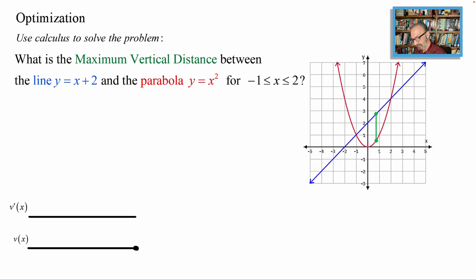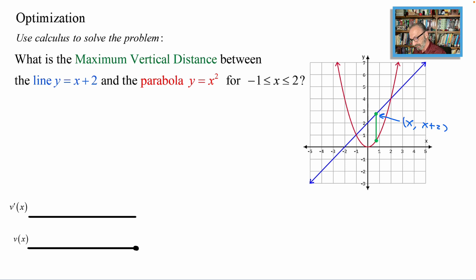Going back to the graph, I do have these 2 points. This point right here on top is in blue because it belongs to the straight line, so I could call it x, and in general, we write it as x plus 2. That's for the y value.